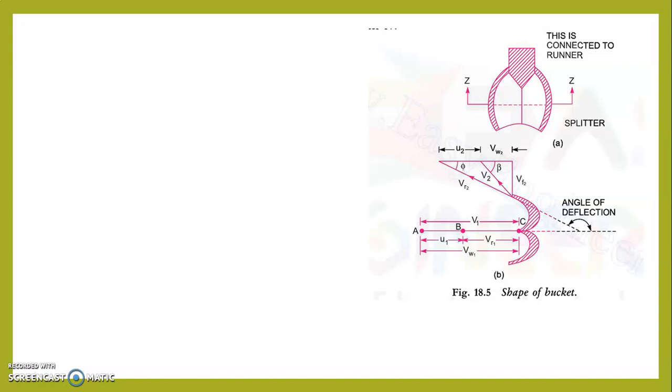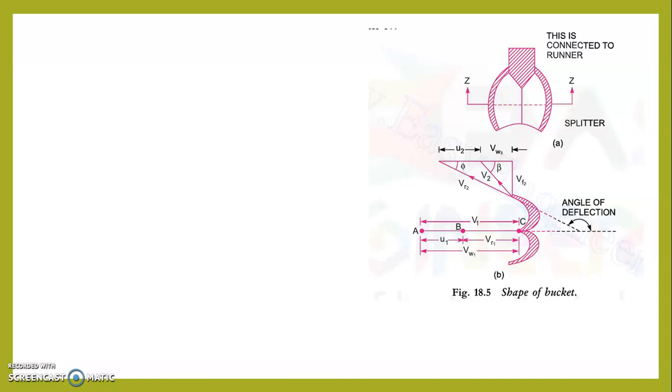Alpha is the angle made by the V1 with the horizontal, and theta is the angle made by the VR1 with the horizontal, where V1 is the absolute velocity, VR1 is the relative velocity, and U1 and U2 are the blade velocity.